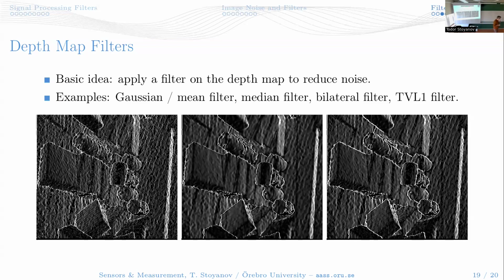So these are three different filters that were run, or actually two filters on the original image. I think the original image is on the left. And these two filters here are a bilateral filter and a TVL1 filter. TVL1 filter is something we didn't talk about in the image space, but it is an image space filter.